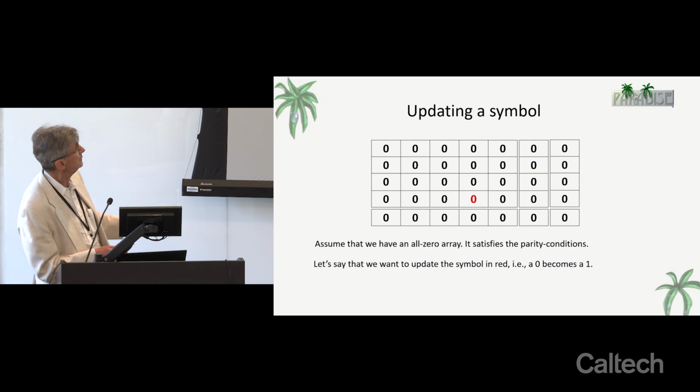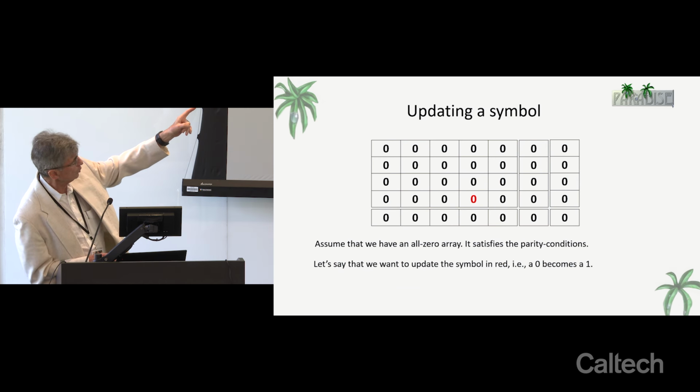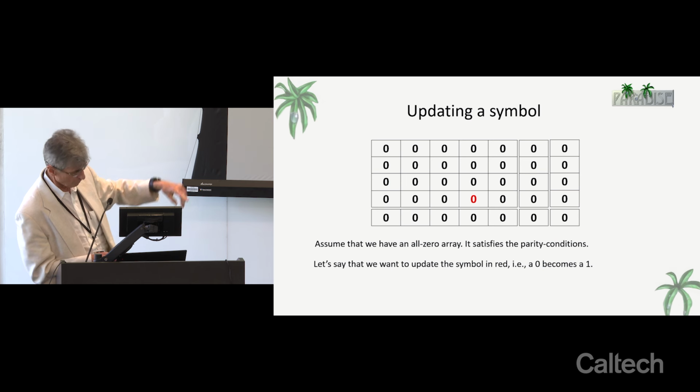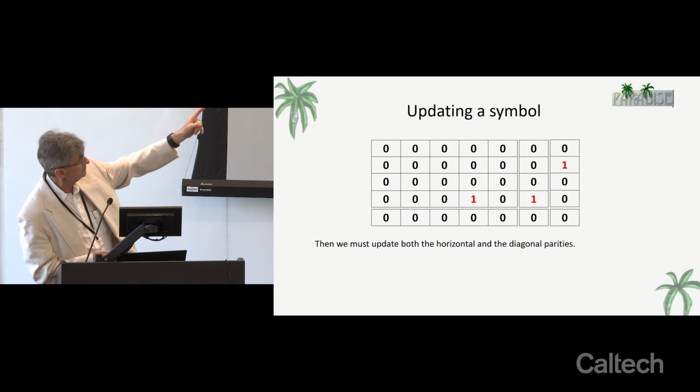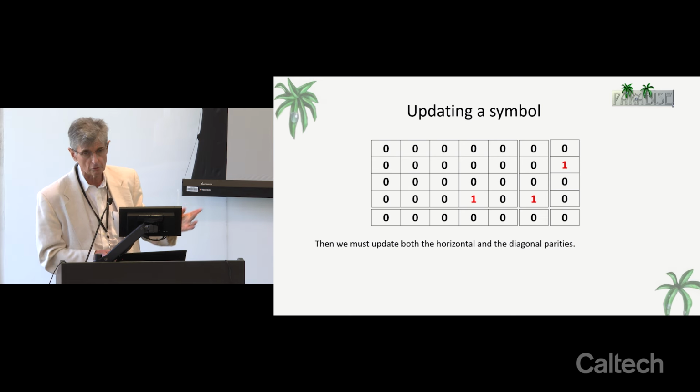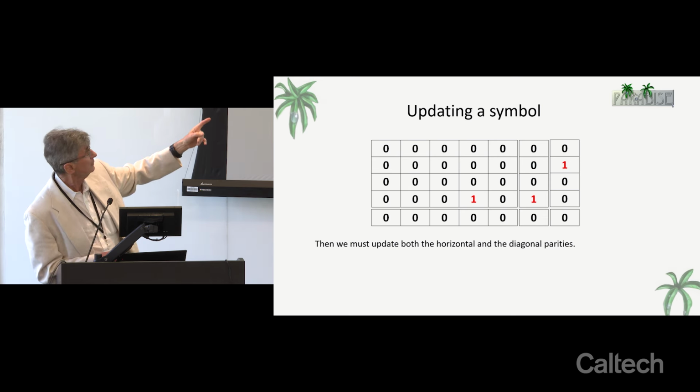So this is what happens. We want to update a symbol, the one in red, that is a 0. So we update the horizontal parity and the diagonal parity in the second column. So we update only 2 symbols.